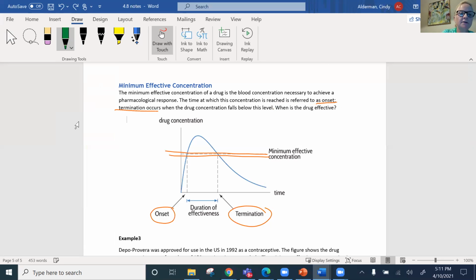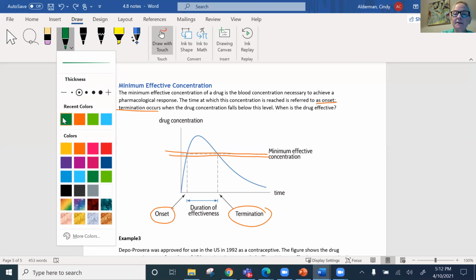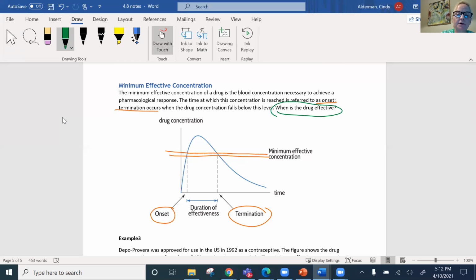I want to use a different color. The drug is going to be effective at all of these values, right? Those are acceptable ranges because they're above the minimum. And where is that in duration? It's here. It's all of these T values.